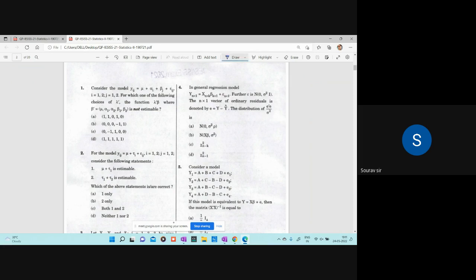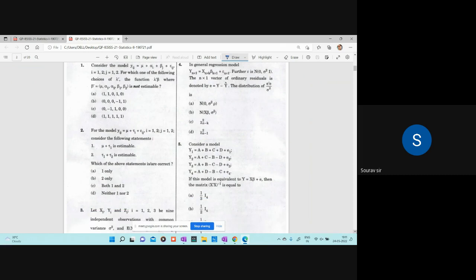Okay, let's start with question number 2, and similarly, you can get the answer of question number 1. So there is a model given. Can you identify the model? This model actually corresponds to a one way ANOVA model, right?